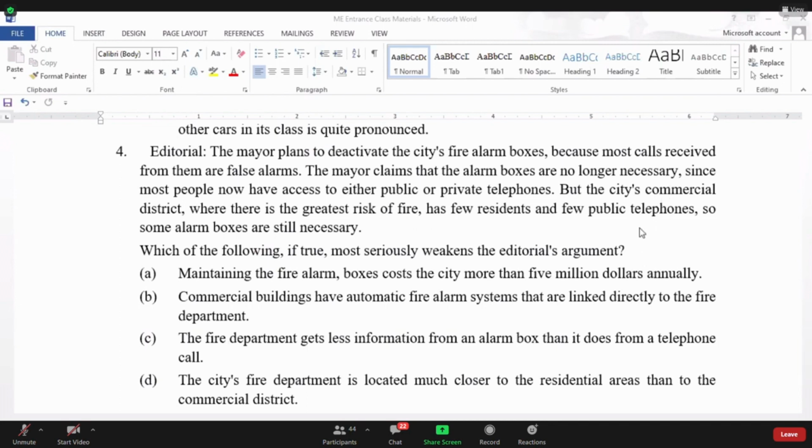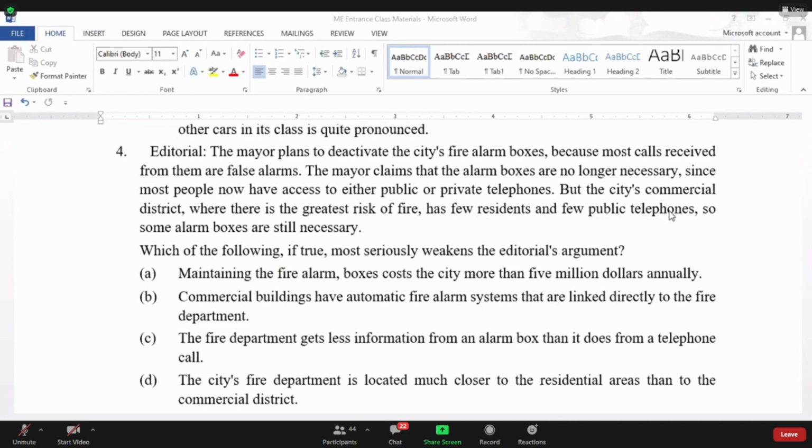In the commercial district, the city's commercial area has few residents. Few means no residents.